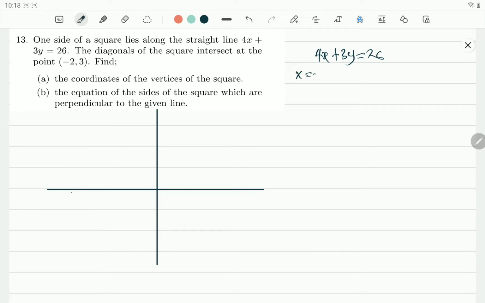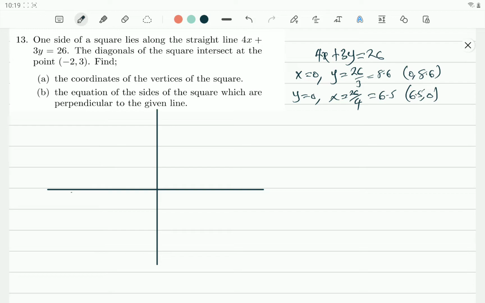When x equals 0, y is equal to 26 over 3, which is 8.6, and that gives us the point (0, 8.6). Also, if y equals 0, x is equal to 26 over 4, which is 6.5, and that gives us the point (6.5, 0). And we plot these two points.